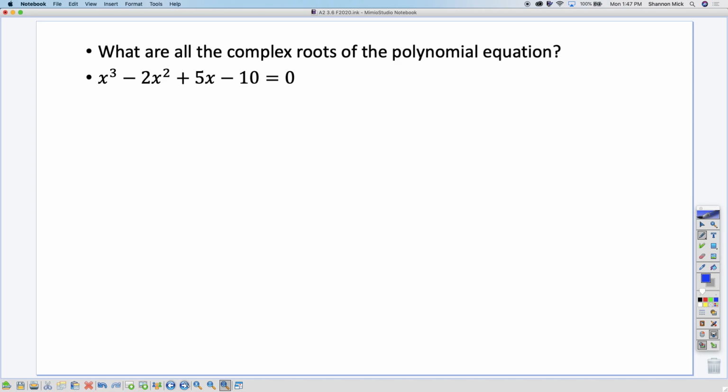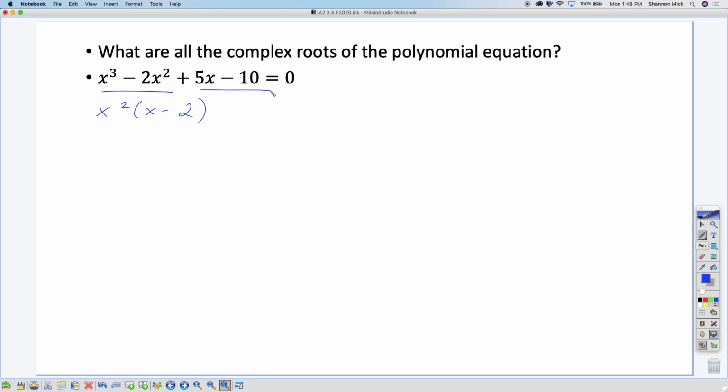Can I factor it by grouping? If I can factor it by grouping, should I? Yes. If I factor this by grouping, it would have to be the first 2 and last 2, probably. Or maybe not. We could probably mix it up. But do you want to do first 2, last 2? Yes. So first 2, what do I get? x squared, and then parentheses x minus 2.